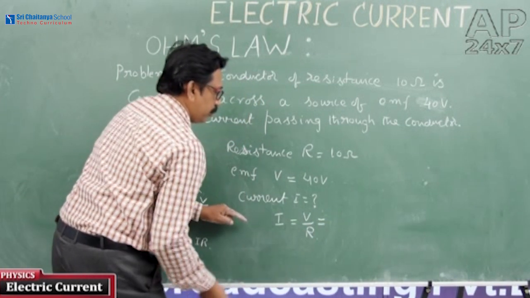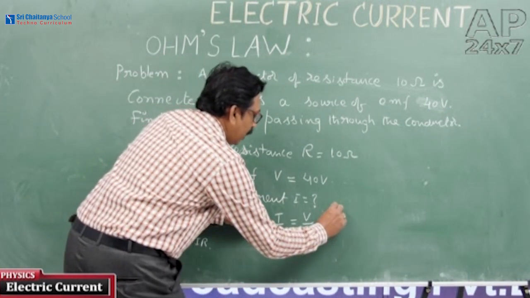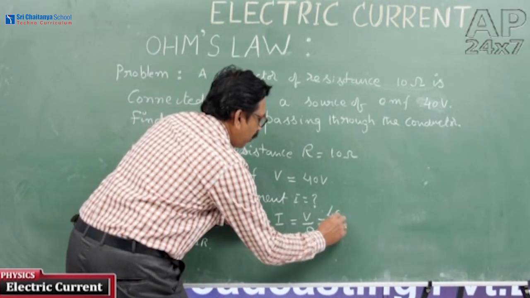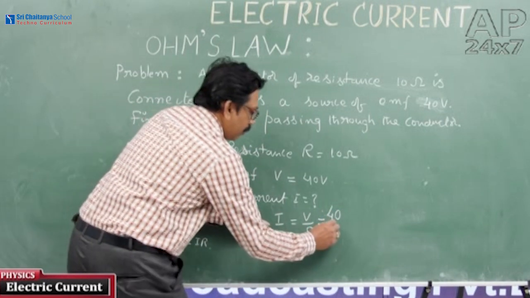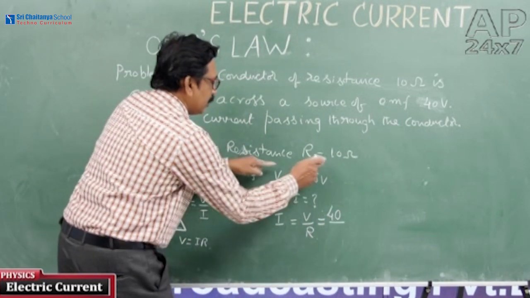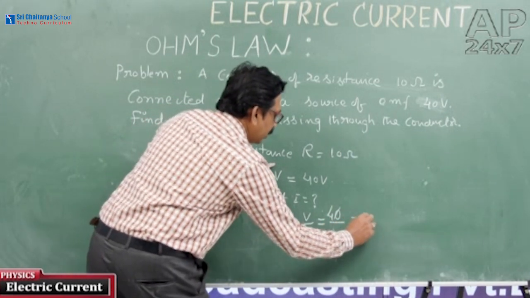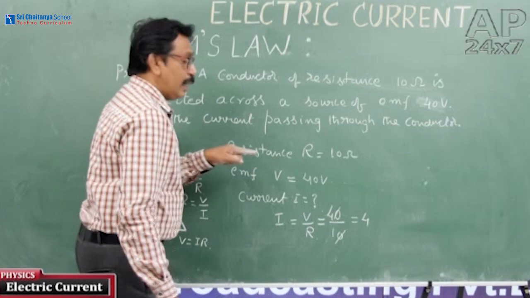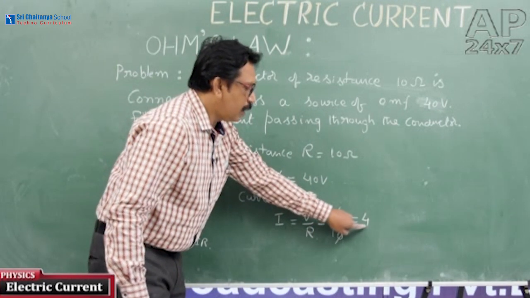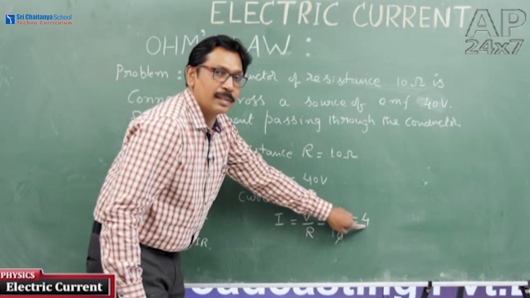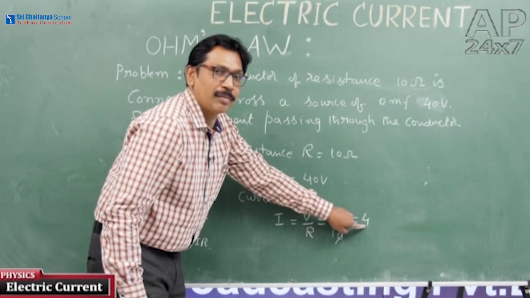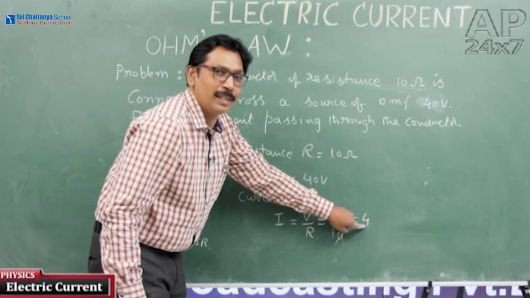Therefore, this is equal to, substitute: what is the value of V? It is 40. What is the value of R? It is 10. The zero gets cancelled. It is 4. And don't stop here. You write its unit. What is the unit of current, my dear students?